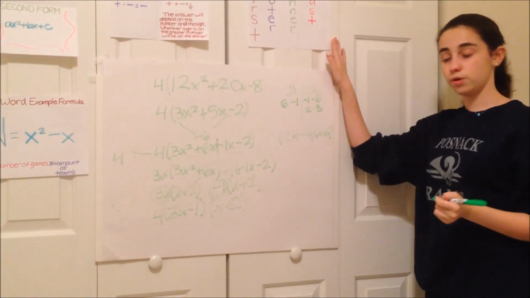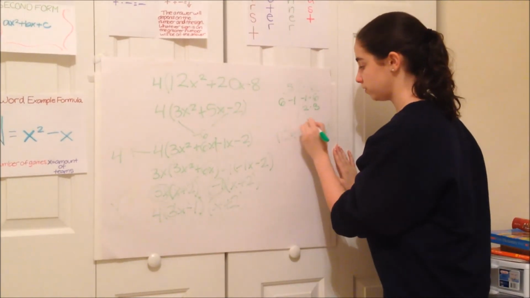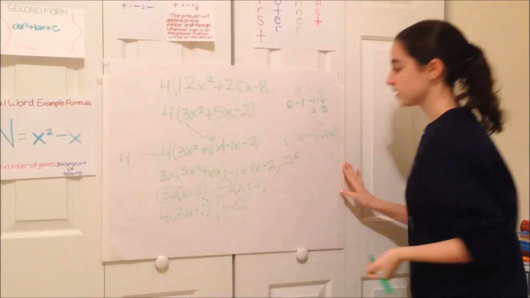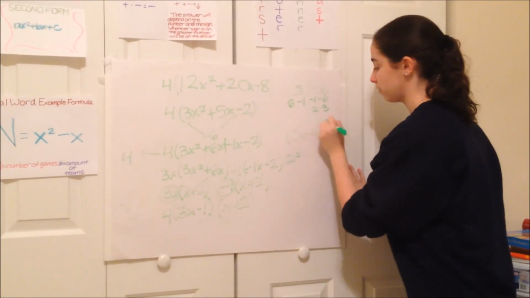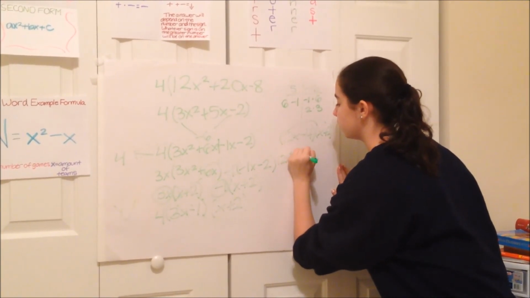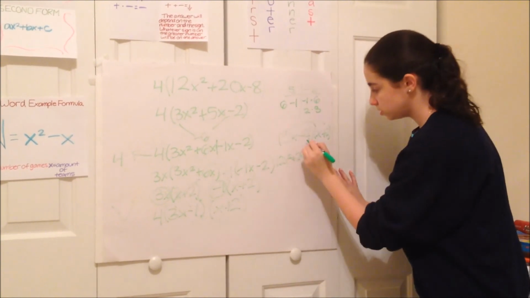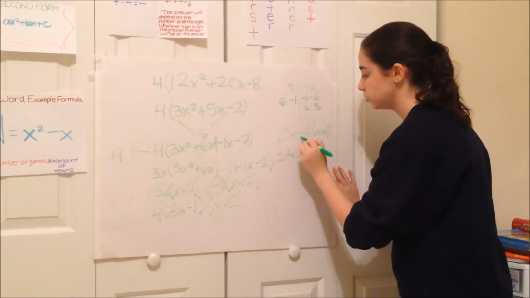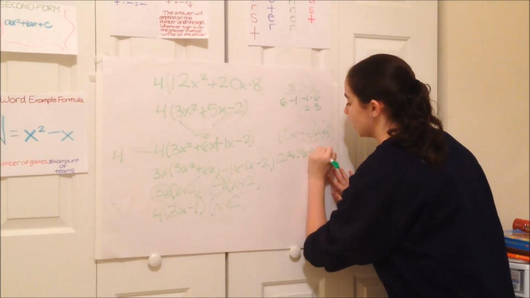Now you're going to continue with our normal FOIL method, and you're going to do the first term. That's going to leave you with 12x squared. Then you're going to do the outer, and that's going to leave you with positive 24x. Then you're going to do the inner, and that's going to leave you with negative 4x. And then you're going to do the last, which is going to leave you with negative 8.